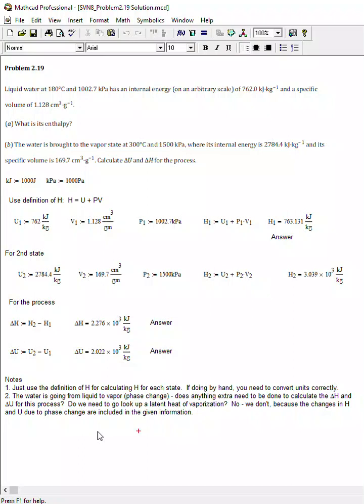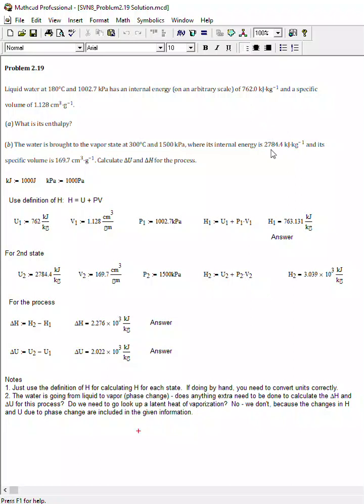The answer is no. The reason is that the internal energy and the specific volume that we're given already account for that phase change that's occurring. Notice this is a huge increase in specific volume, and that's what you get when you have a phase change. And we have a huge increase in the internal energy.